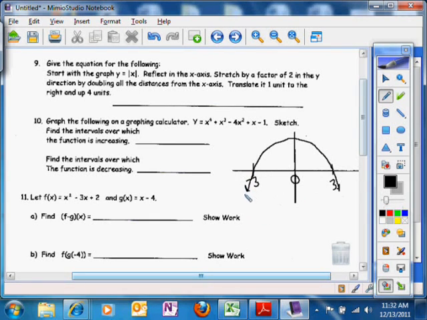I would say the function is going to be increasing from negative infinity all the way over here to 0. That's where it's increasing. And then it would be decreasing from 0 to infinity. But again, this one is not this problem. You will need to put this problem in y1 of your calculator, graph it, and determine where the function is increasing or decreasing and list those intervals.